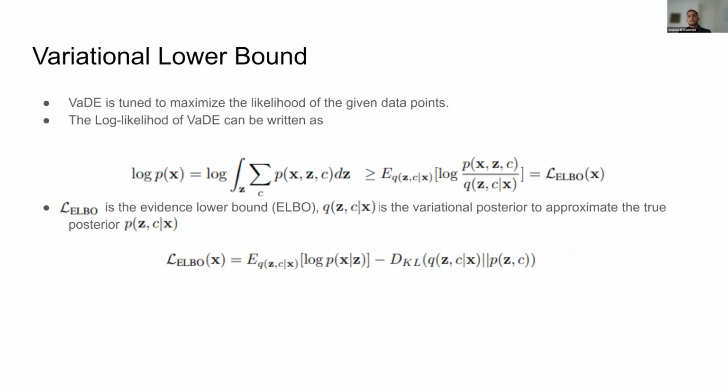So this leads to the variational lower bound. We're trying to maximize the variational lower bound of the network. This lower bound describes the likelihood that our variational posterior is approximately close to the posterior probability.